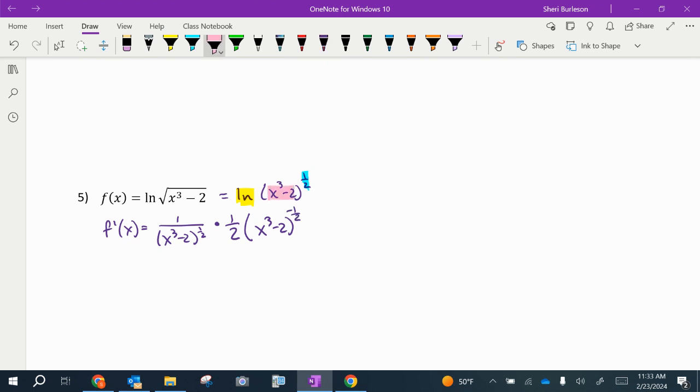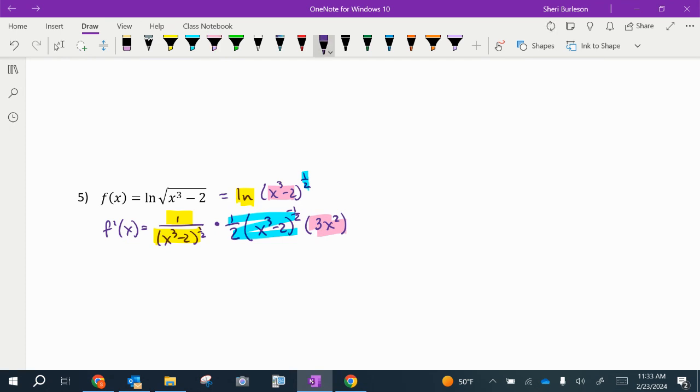And then I have my innermost function, so that's going to be 3x squared. So my first outer function, my second, and then the third, which is yucky.